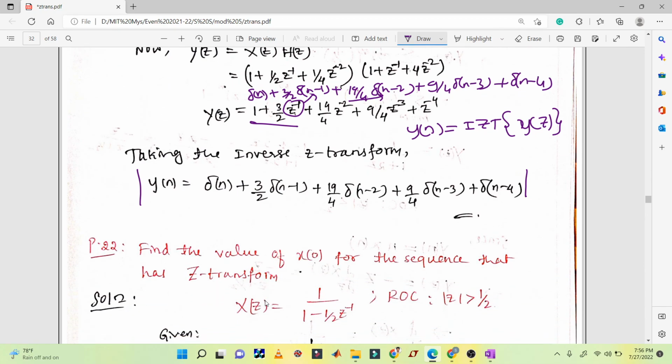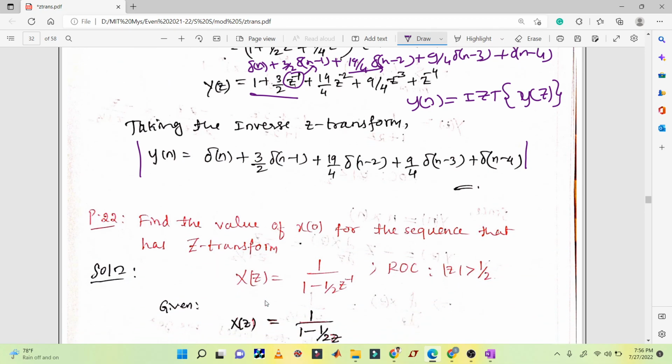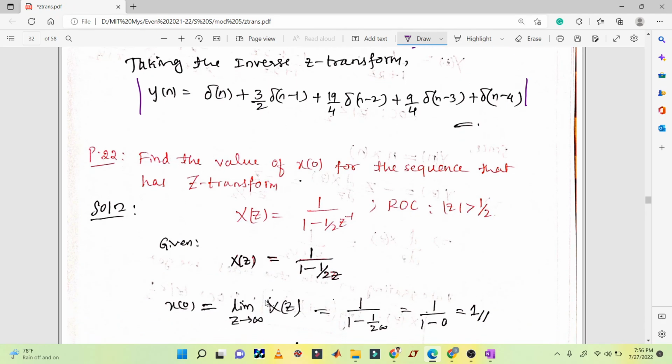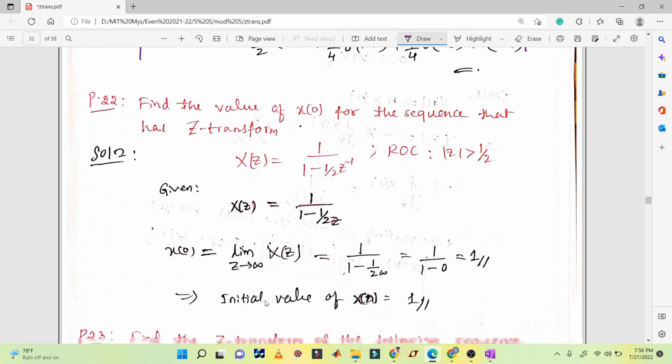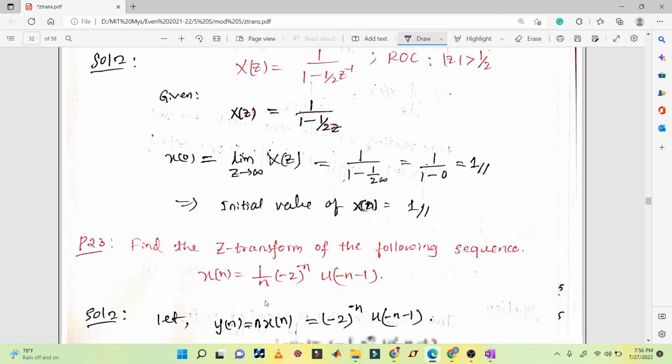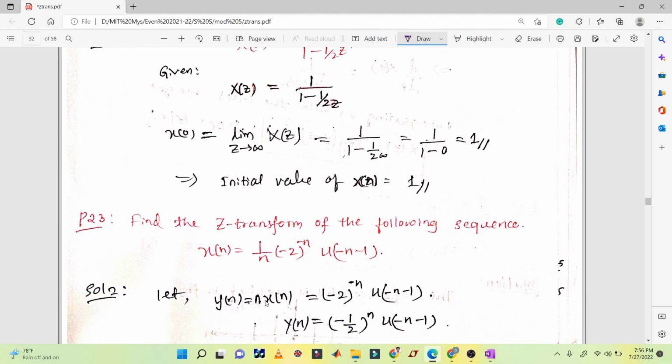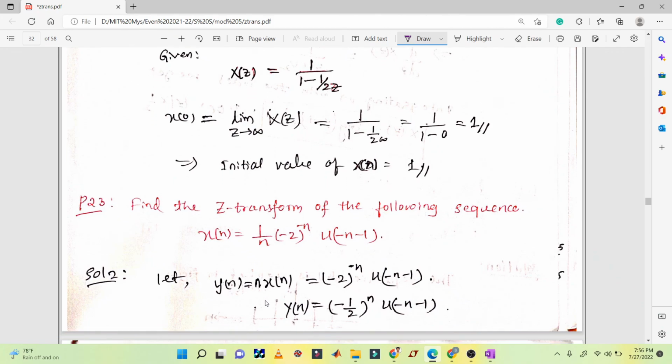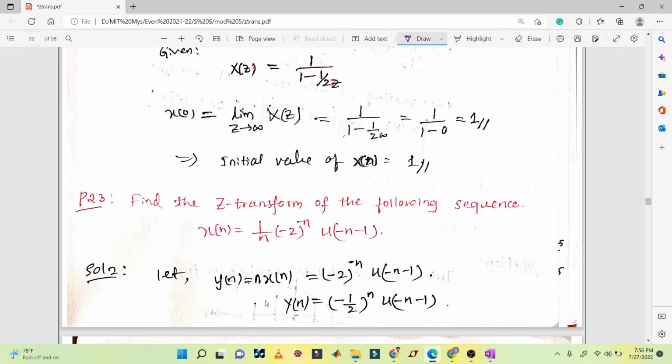Okay, find the value of x of 0. This is for homework, as I have said. X of 0 is the initial value. You can solve it. Again, a similar problem, one by n minus 2 to the power minus n.